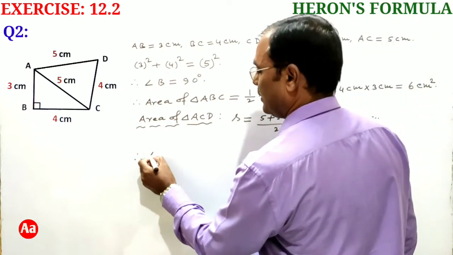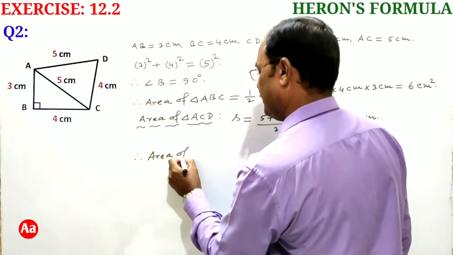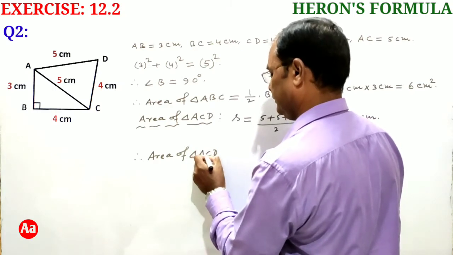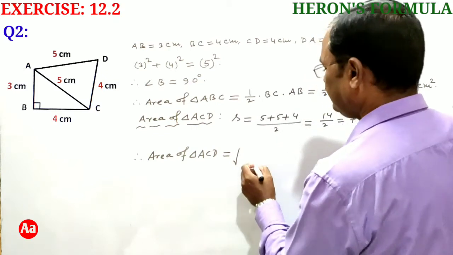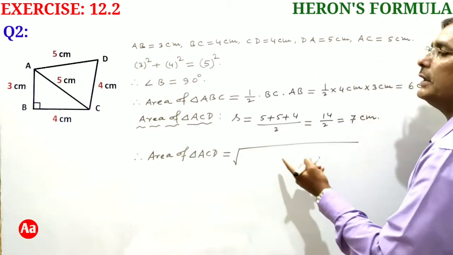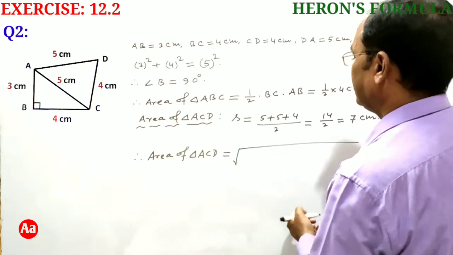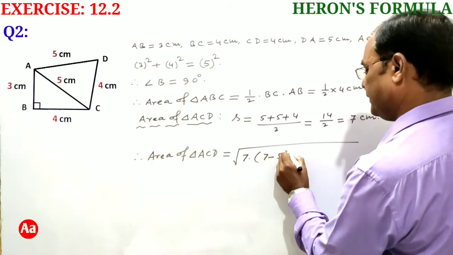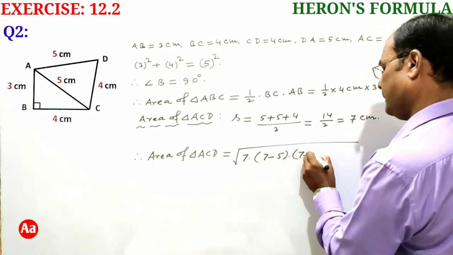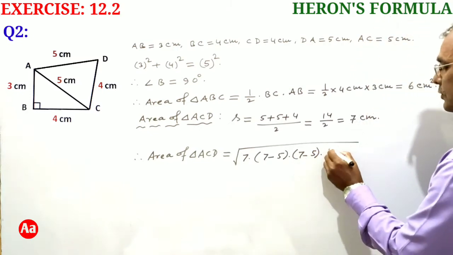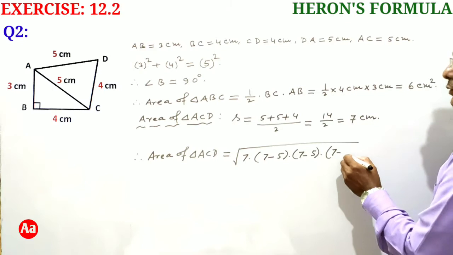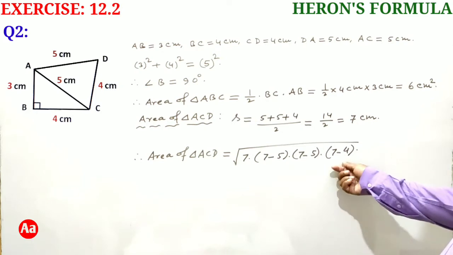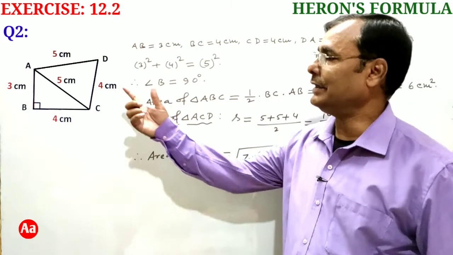Therefore, area of triangle ACD is equal to under root S into S minus A into S minus B into S minus C. So S is 7 into S minus A, 7 minus 5 into 7 minus 5, S minus B into 7 minus 4, S minus C. Sides are 5 centimeter, 5 centimeter and 4 centimeter of triangle ACD.